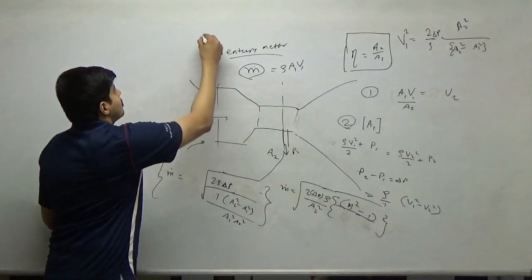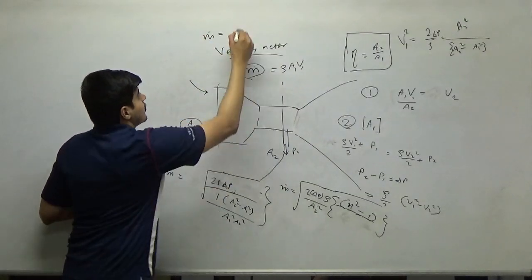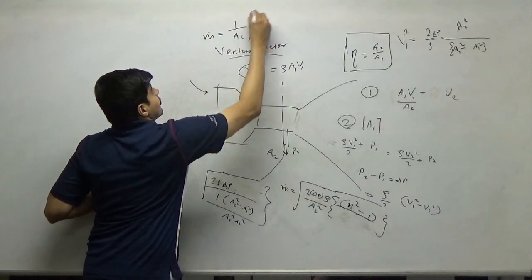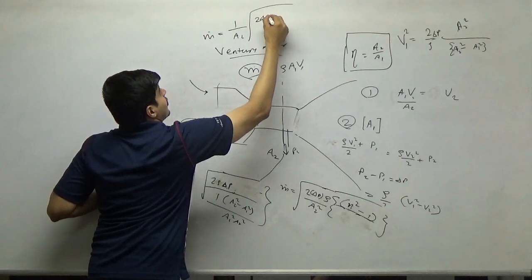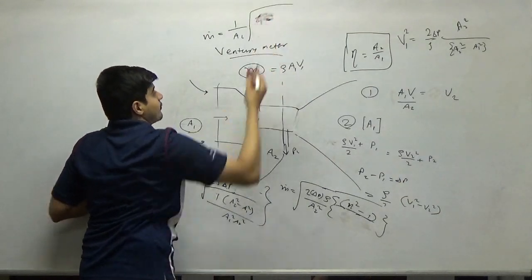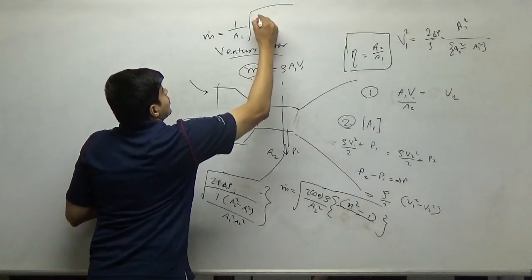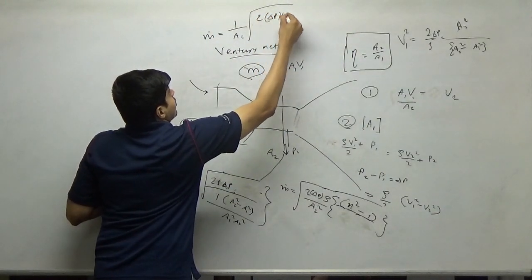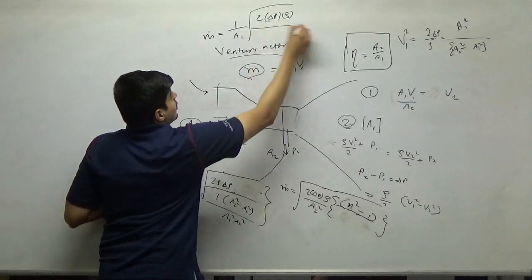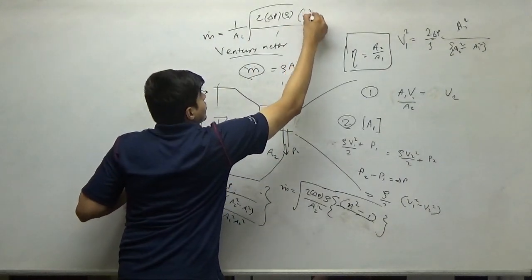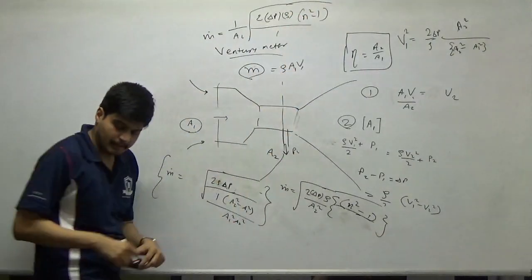Or simply, m dot through a venturi meter is 1 upon A2, root of 2 delta P into rho, denominator is nothing but eta square minus 1.